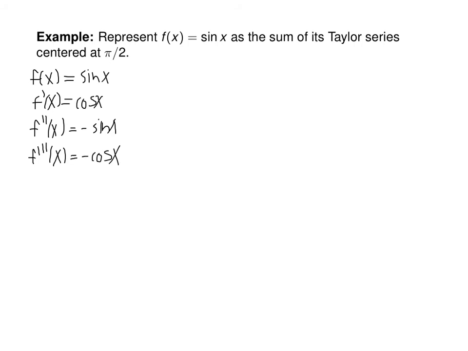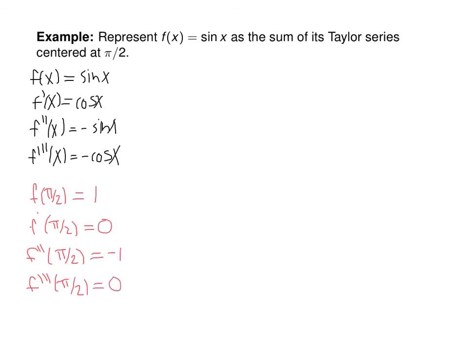And now plugging in pi halves, f of pi halves, so sine of pi halves is 1, f prime of pi halves is 0, the second derivative at pi halves is negative 1, and the third derivative at pi halves is 0.